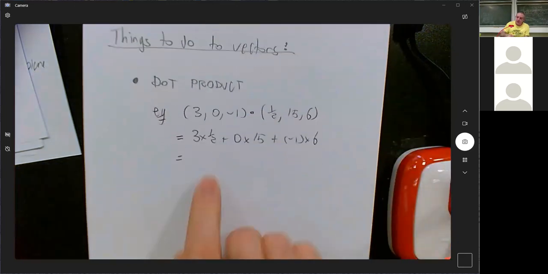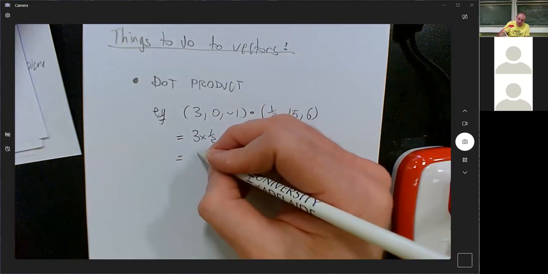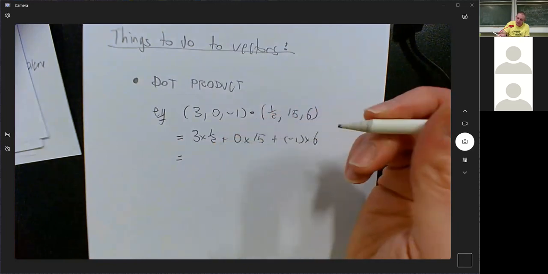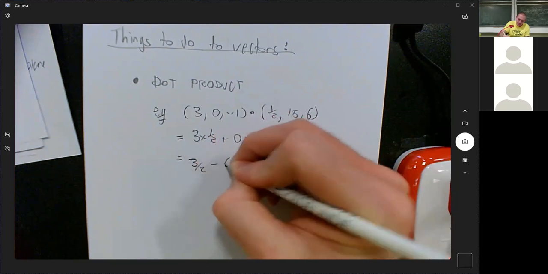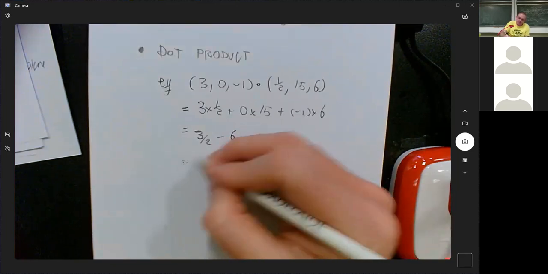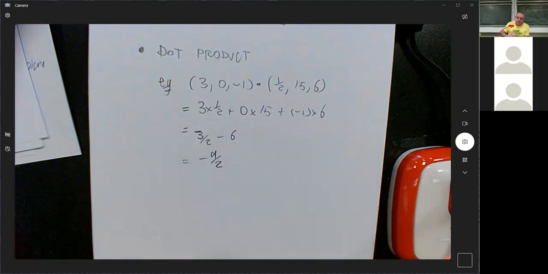So I get 3/2 minus 6, 4.5, I guess. Is that right? Great. Doesn't really tell me anything, but it's a thing you can do.